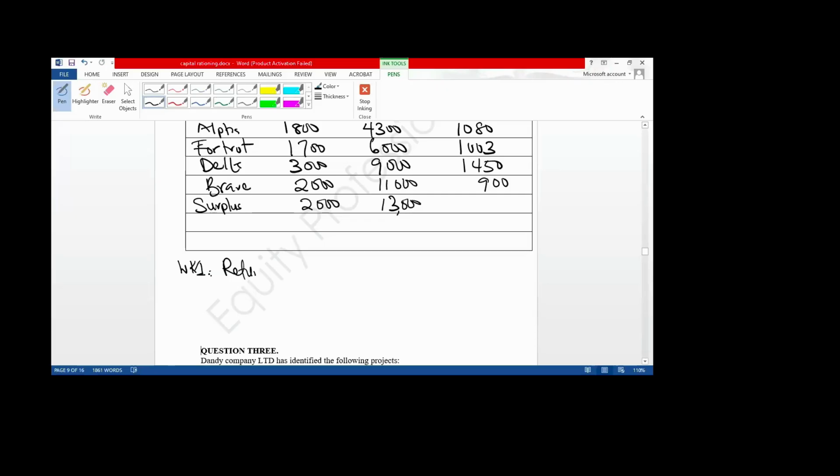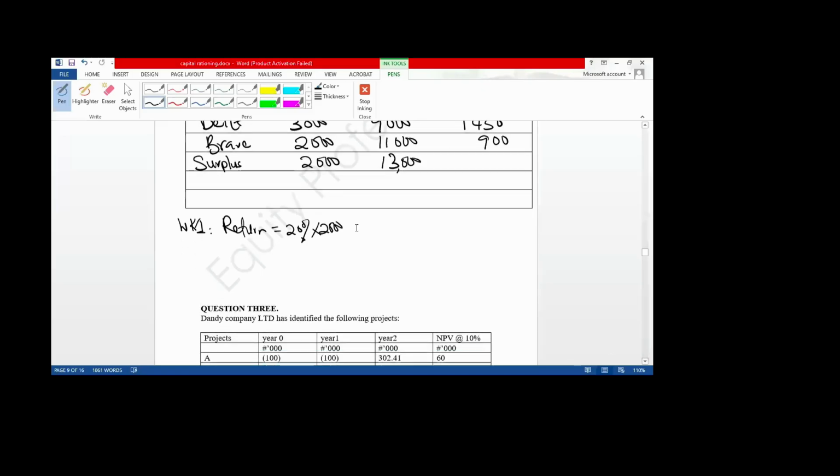Return on surplus funds: 20% of 2,000. Please compute. 400. That will give us 400 annually.